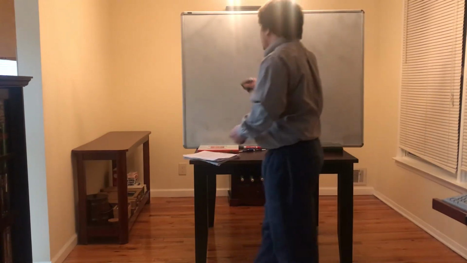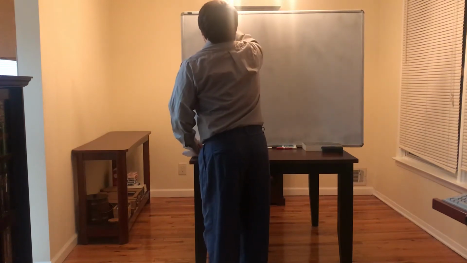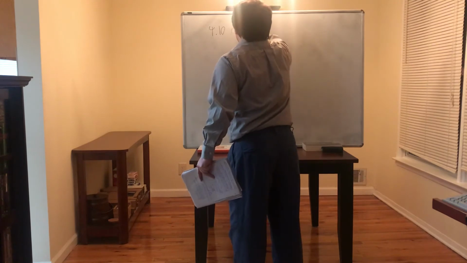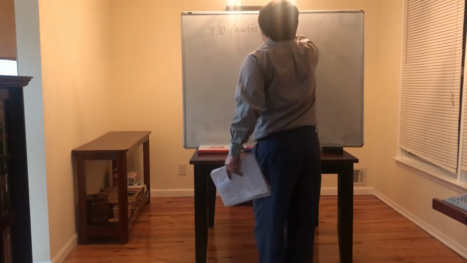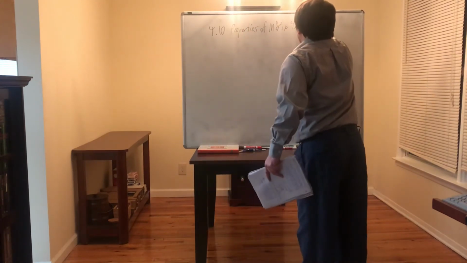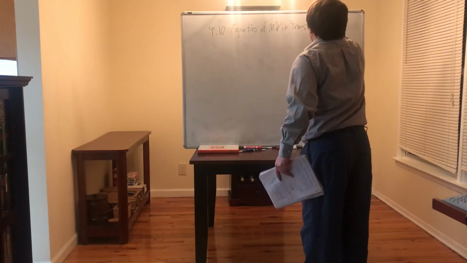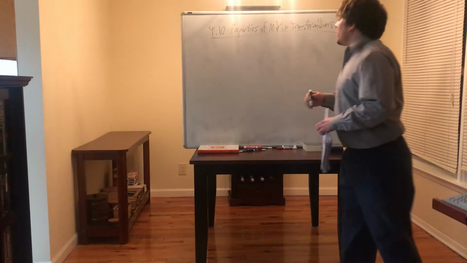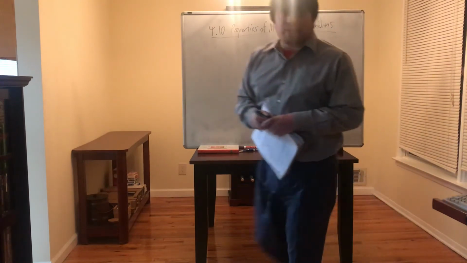Okay, so now the last section is 4.10, and so 4.10 is on properties of matrix transformations. Okay, so 4.10 is properties of matrix transformations.